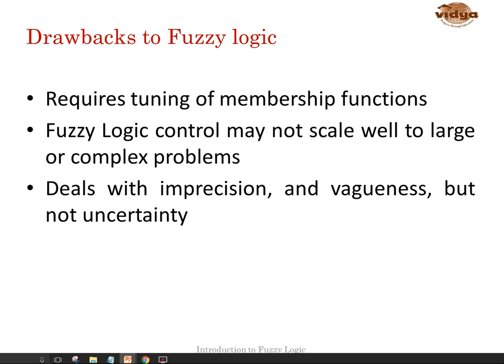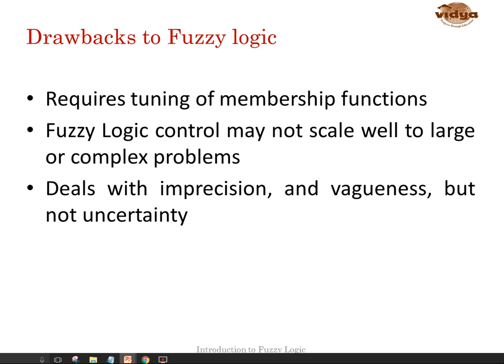That you should remember. Therefore, it is equally important to understand where we should not use fuzzy logic. That is very important. There are certain situations when you had better not use fuzzy logic.